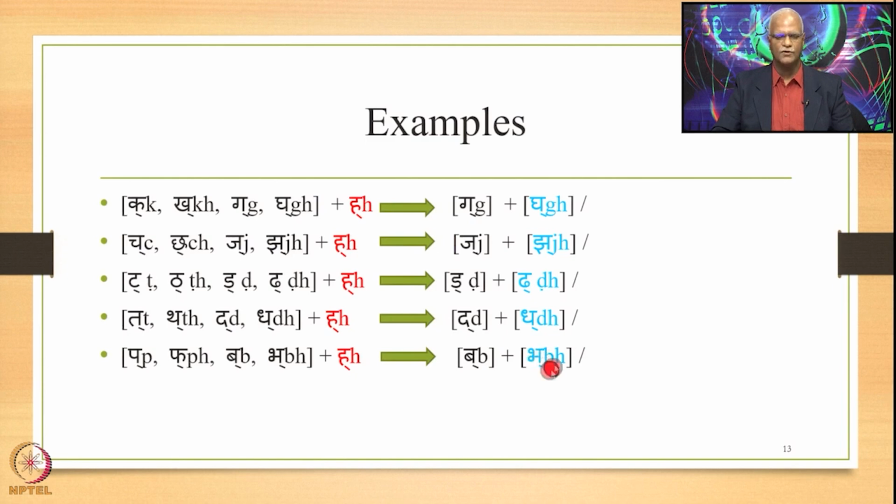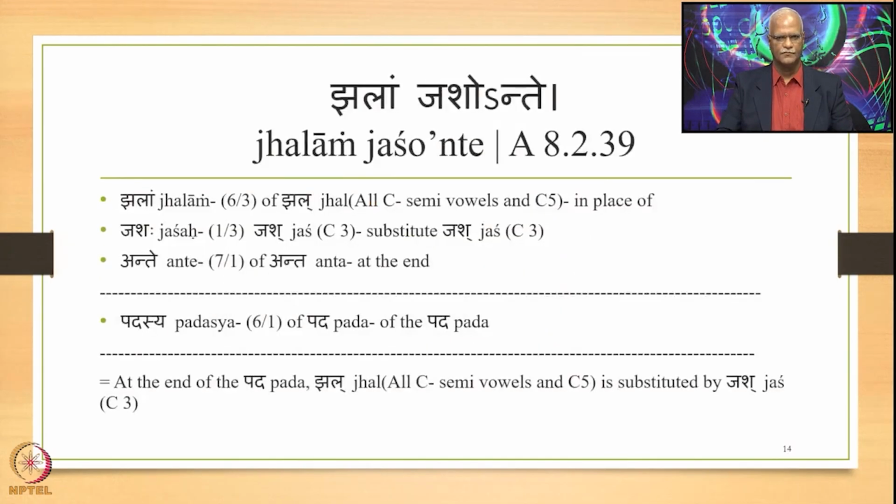We also note that these 4 consonants ka, kha, ga, gha get replaced by the 3rd of their class: ga, ja, da, da and ba. We have the sutra Jhalam Jashonte applying, and there are 3 padas in this sutra.